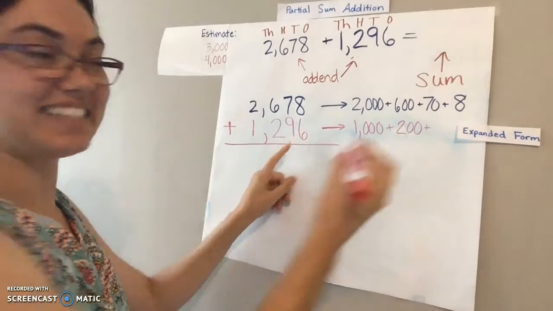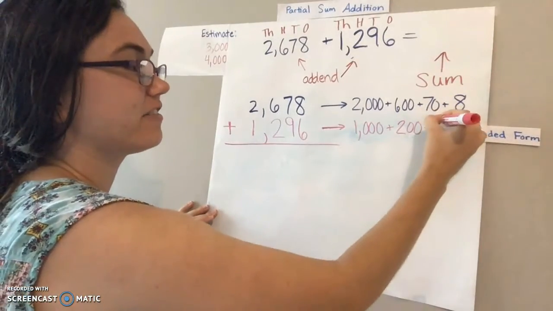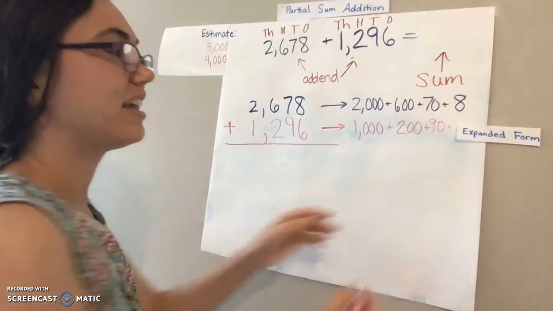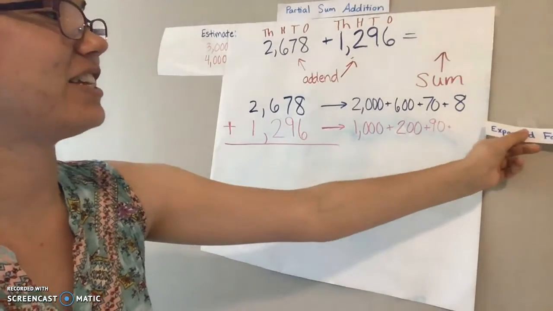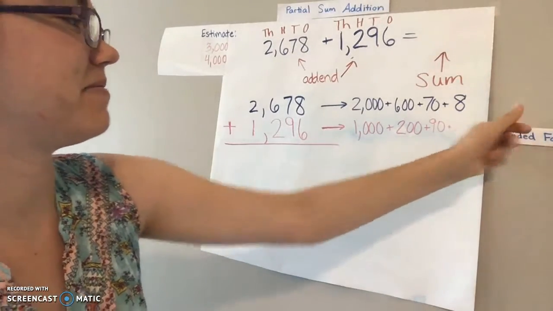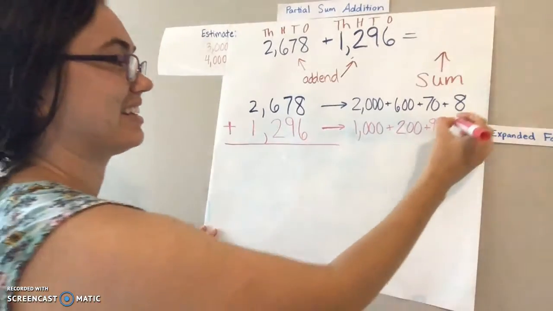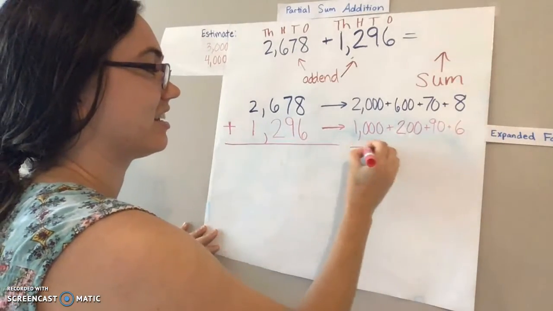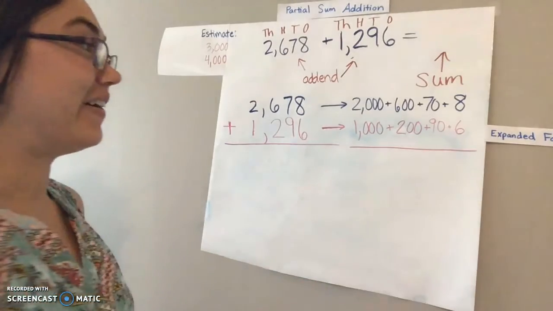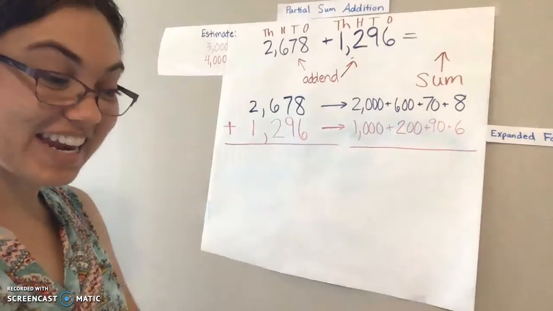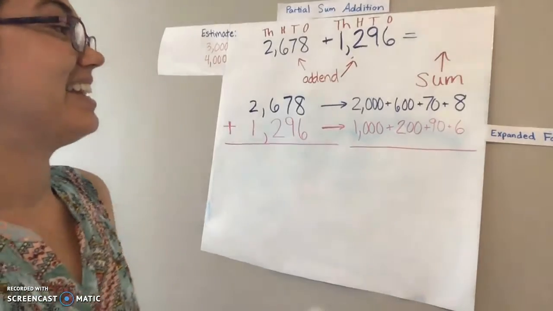In the tens, I see 9 for 90. And as I finish writing my expanded form, in the ones, we have 6 ones. Okay, we are ready to solve.